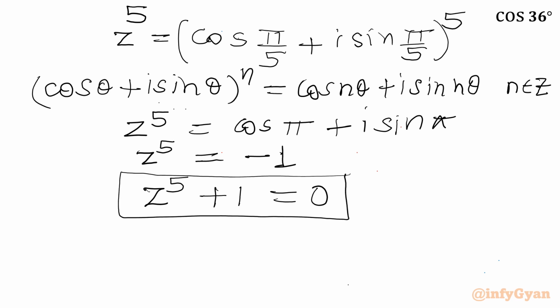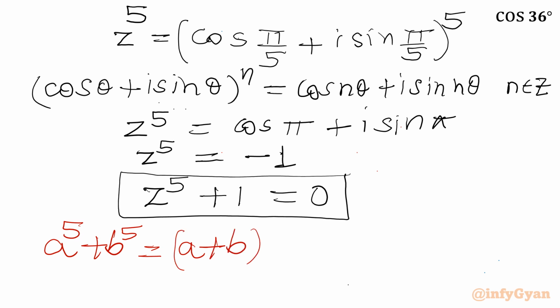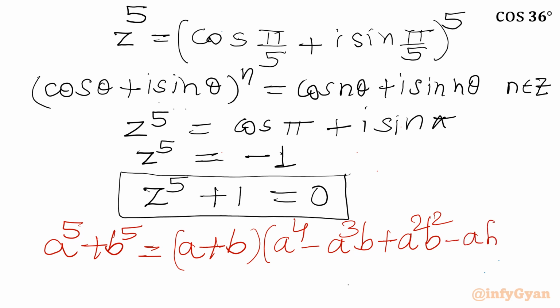Now I will use one algebraic formula: a power 5 plus b power 5, which is equal to (a plus b) times (a power 4 minus a cube b plus a square b square minus ab cube plus b power 4). Let's apply this to the equation z power 5 plus 1 equal to 0.